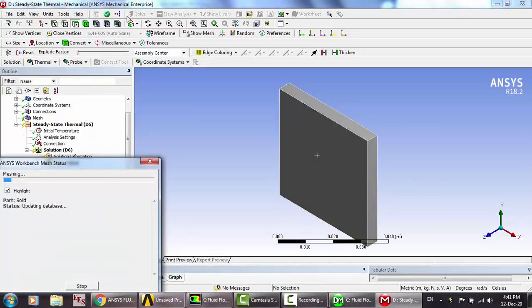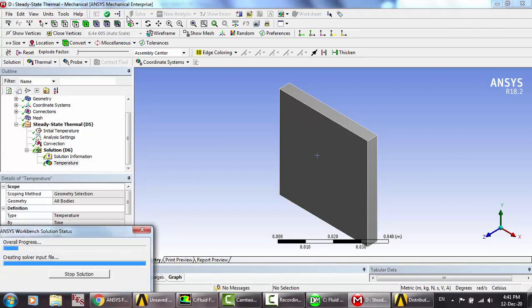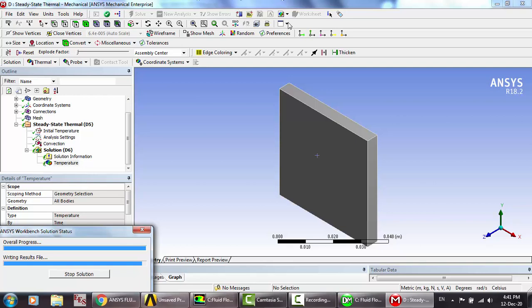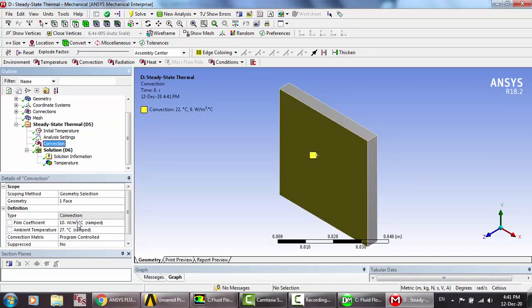Let's see. Now remember that we only have the aluminum. Suppose that I only have the aluminum and I do not have any other thing. So the temperature is 27. Why? Because it is the same temperature as the free stream. Now increasing this to 50.